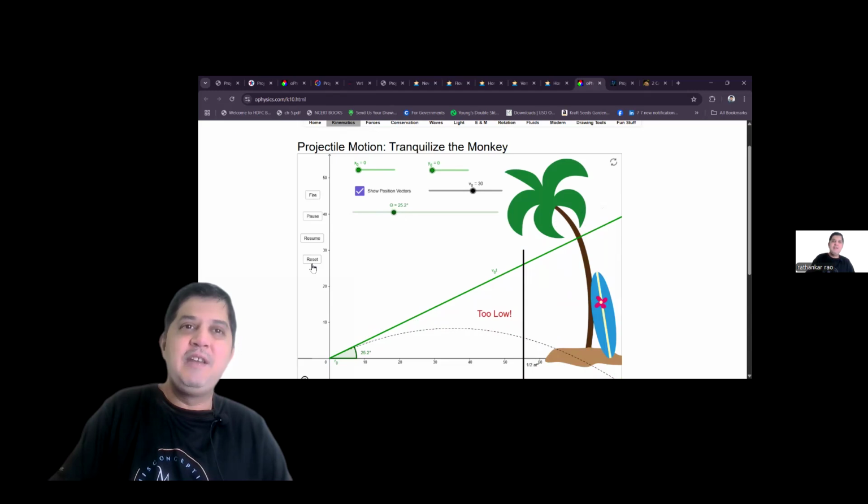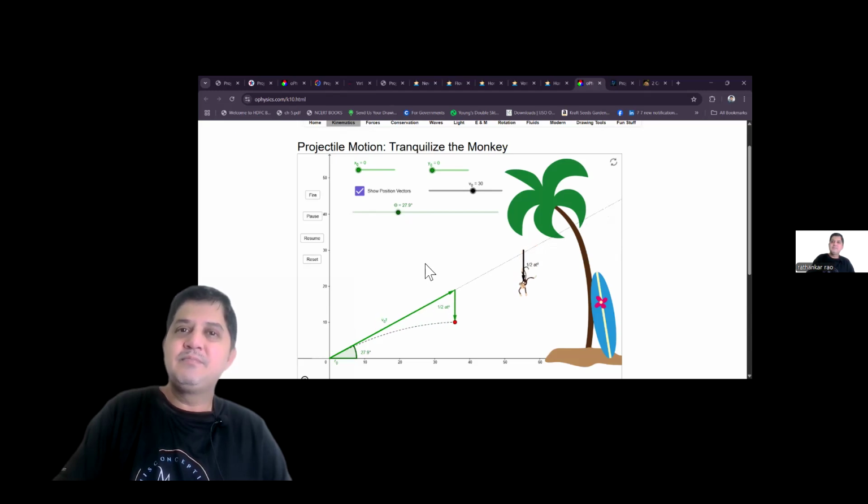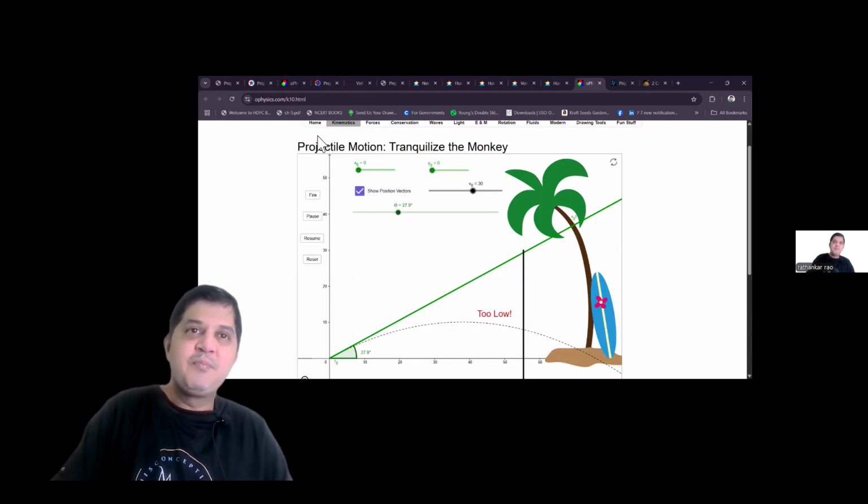Let me reset it once again and change this angle a little bit more. I'll increase it to exactly its head, and now fire. See, this is what you need to look at: the red bullet, not the green angle over here, which is your initial velocity. Still, it was too low.